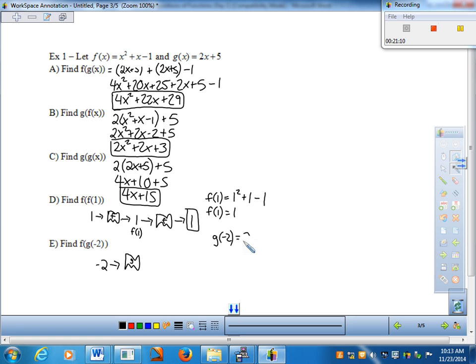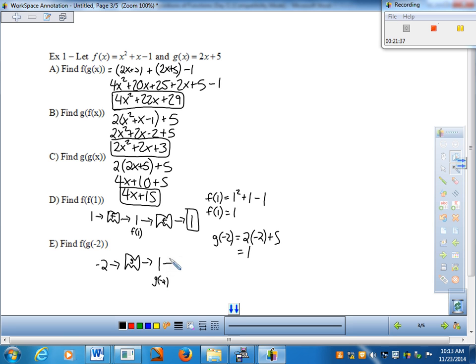And not too much of an issue here, everybody. So 2 times -2. And then, let's see, add the 5. And so it looks like I'm just going to get 1 on that regard. Okay, so I've got that as 1. Perfect. Now, this is G of -2. Remember that. I'm going to just write it right here, G of -2.